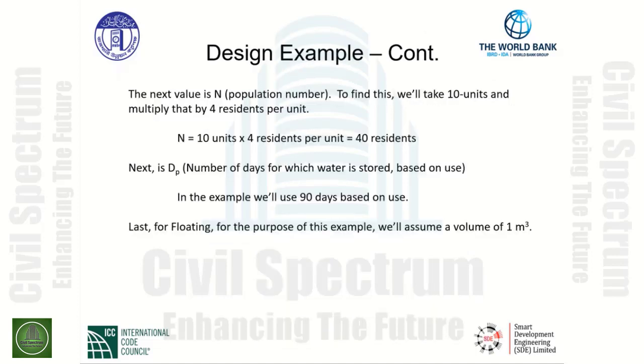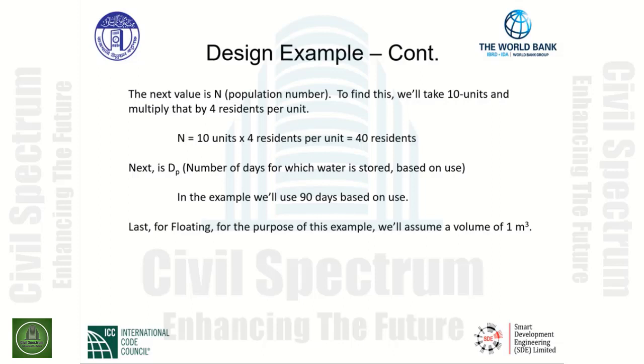The next value is N, population number. To find this, we'll take 10 units and multiply that by 4 residents per unit. N equals 10 units times 4 residents per unit, equating to 40 residents.